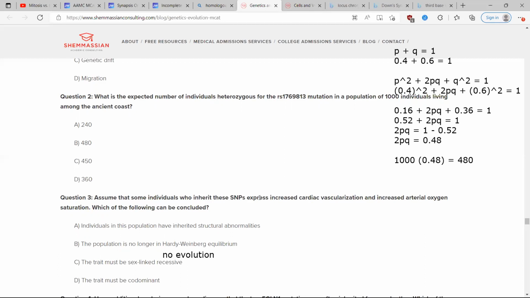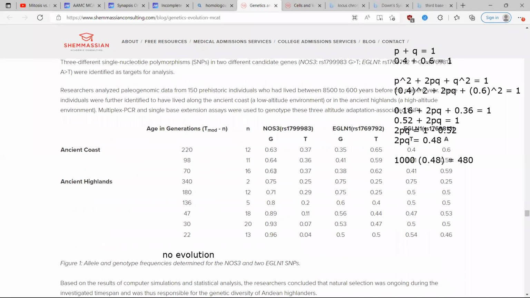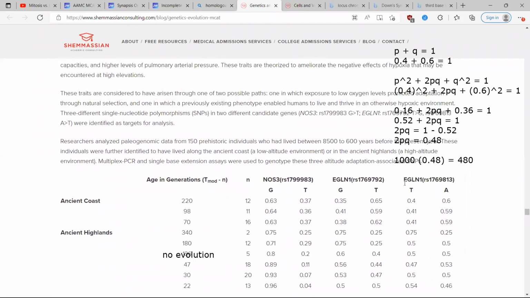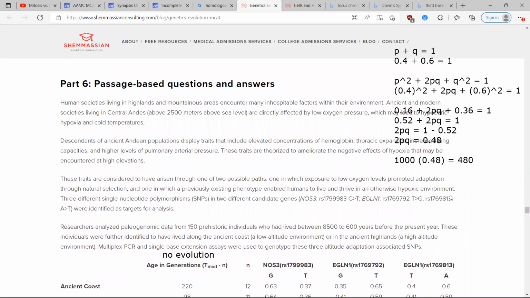No. You can't be expressing both of these things, right? I've never seen codominant in this context, but it seems like you can only have a T or an A. So if you can only have a T or an A, then you couldn't express codominance, unless I'm misunderstanding that.